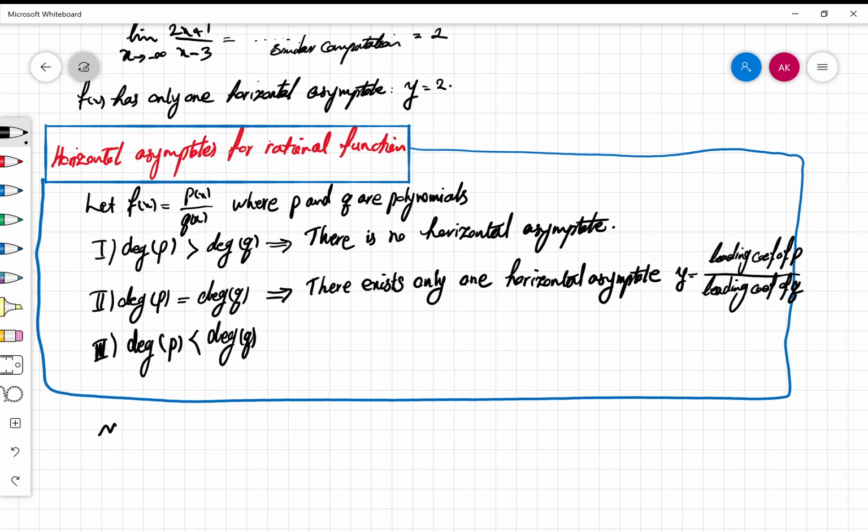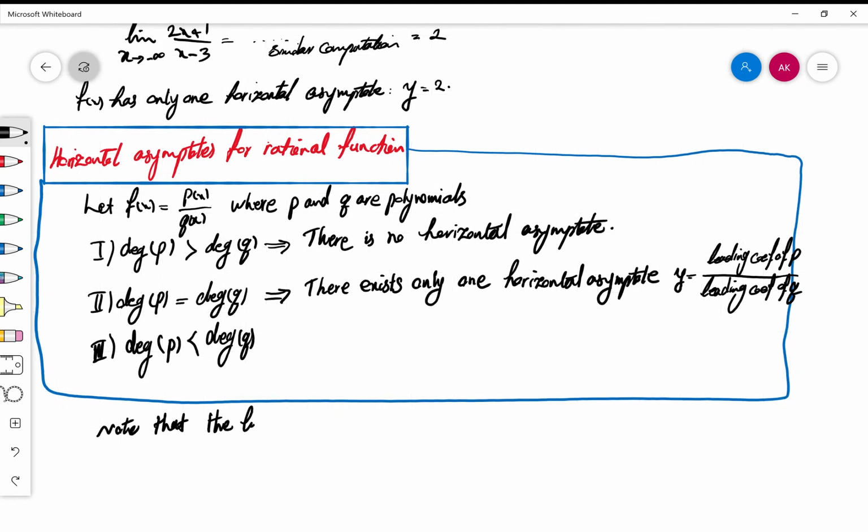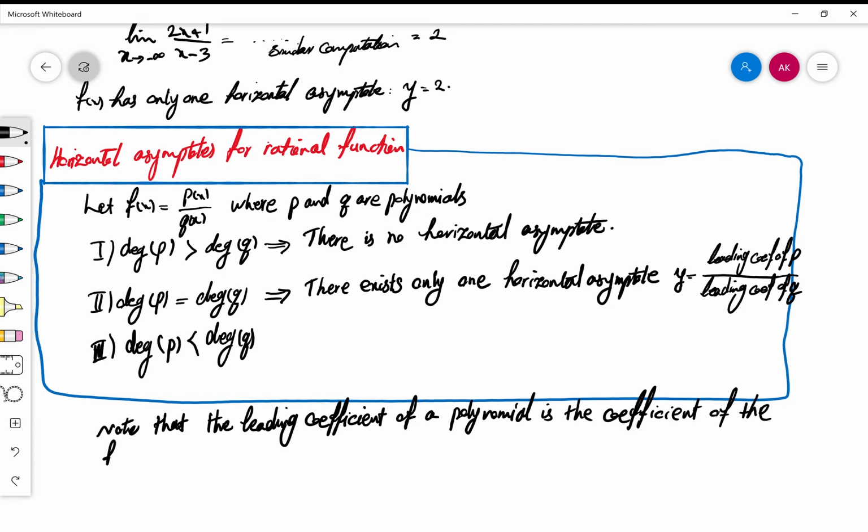So you pick the coefficient of the highest power of x in the numerator and in the denominator, divide them, and that gives you a number. Y equal to that number is the horizontal asymptote.